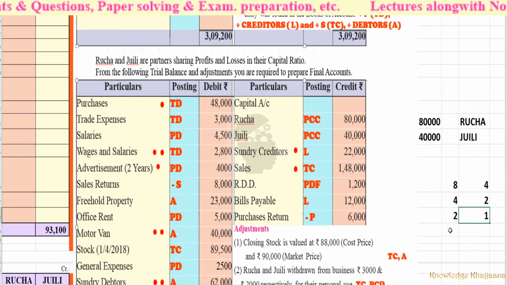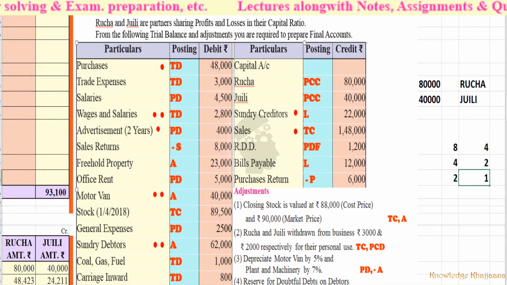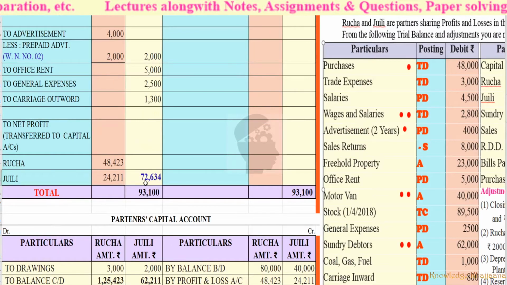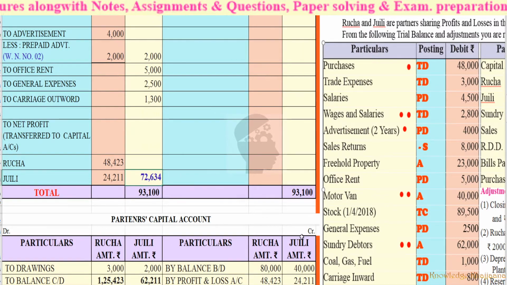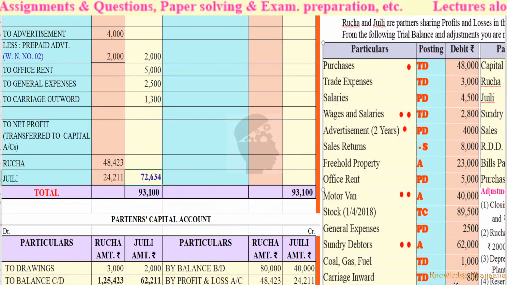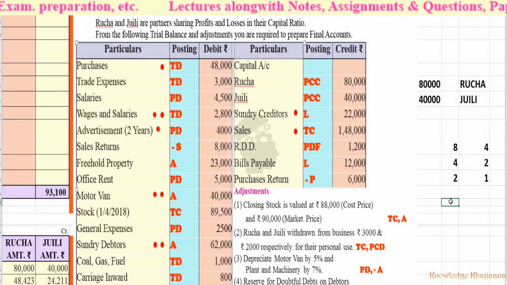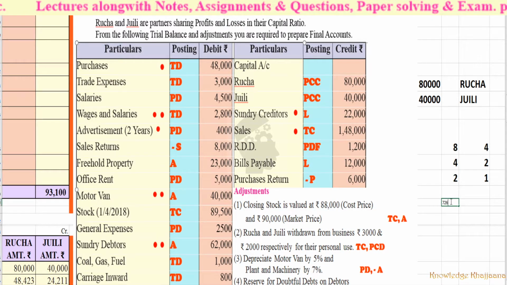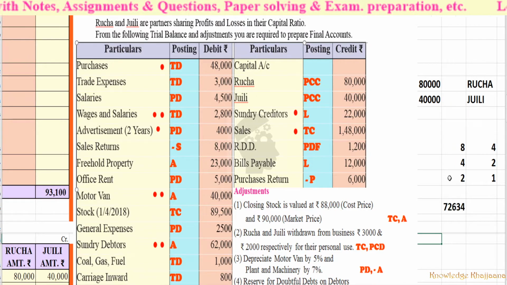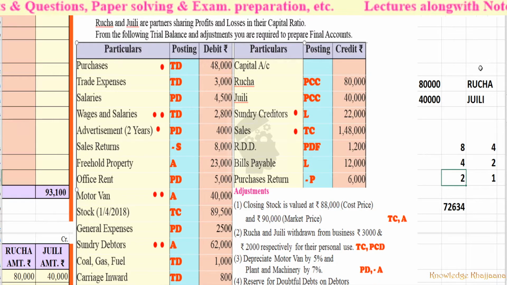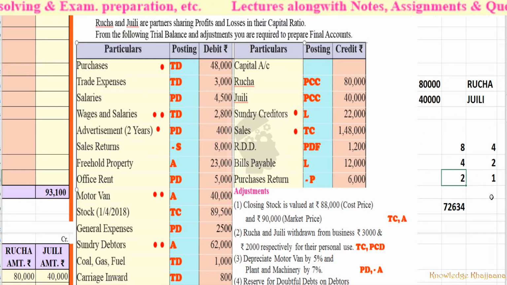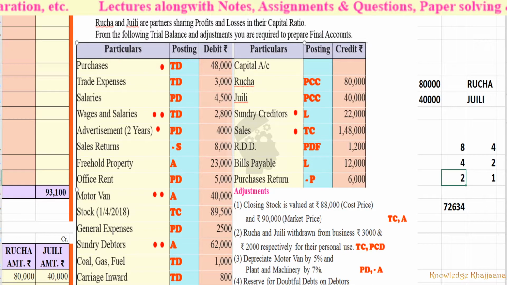Now we got the profit of rupees 72,634. How should it be distributed between Rucha and Julie in the ratio of 2:1? Very simple.